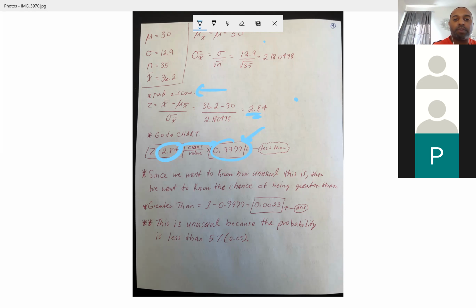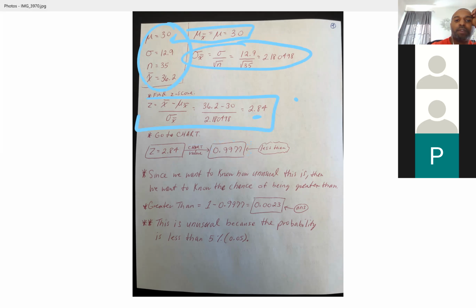Everybody done with this before we leave it? As far as the process, is everybody okay with the process? The main thing that we're emphasizing here is when you get your information from your problem, this is your mean. This is how you find your standard deviation. Then you take that and use this process to find your z-score.